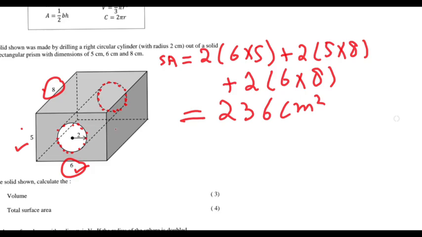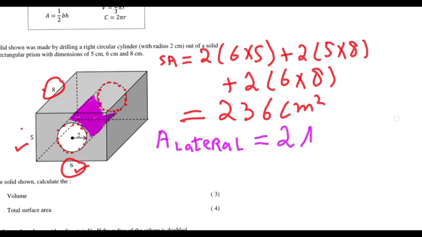Now I'm going to calculate the lateral surface area of the cylinder. That is going to be 2 pi r h. Must remember, this is the lateral surface area of the cylinder. So the area of lateral will be 2 pi r h.